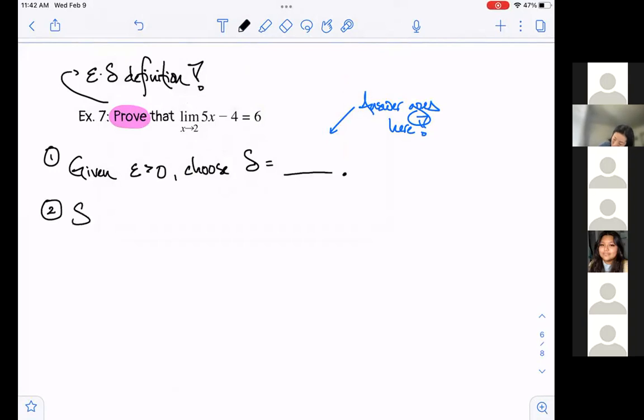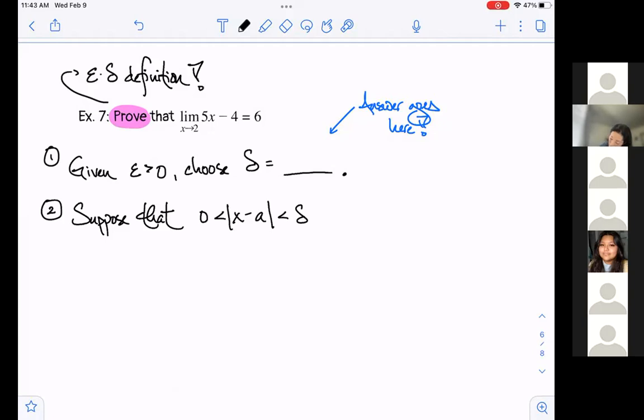Now we're going to suppose that 0 is less than the absolute value of x minus a, which is less than delta. I got that from the definition above.